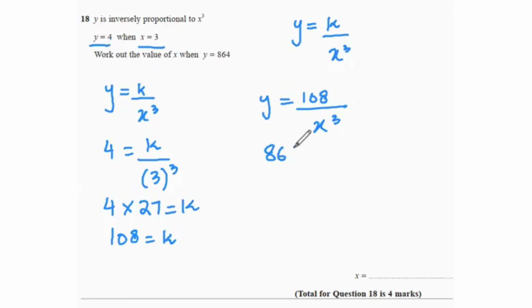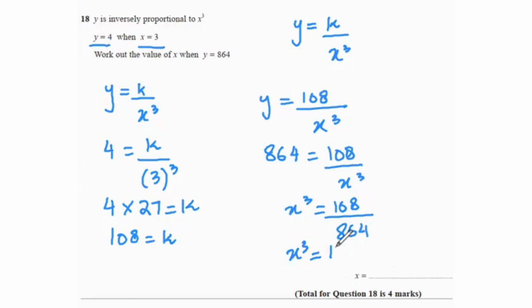So you replace y with 864. That's going to be 108 divided by 864, which is 125 over 1000. Now we take the cube root on both sides so that we can find the value of x. So x is going to be 5 over 10, which is also 0.5.